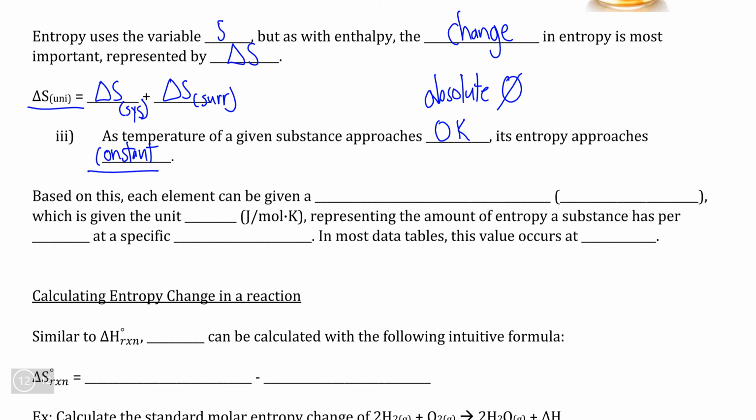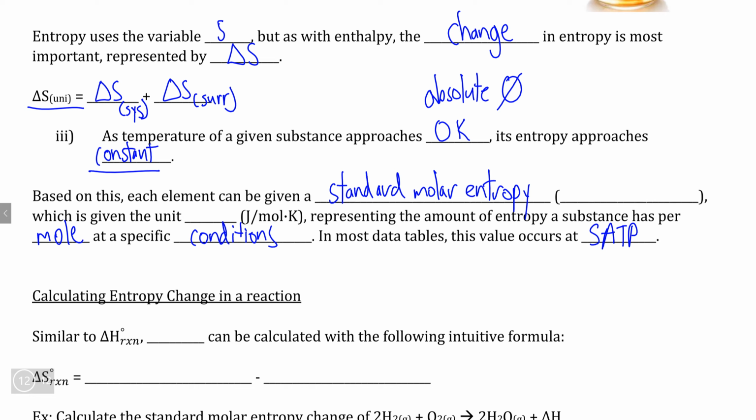But we can use these constants in order to give each element and compound what we call the standard molar entropy. This measurement represents the amount of entropy that a given substance has per mole of that substance at specific conditions. Those specific conditions are normally standard atmospheric temperature and pressure, just like what we use with standard molar enthalpy of formation.